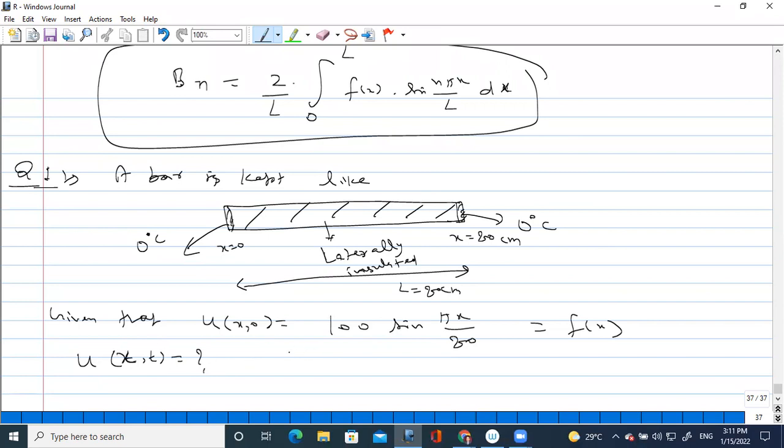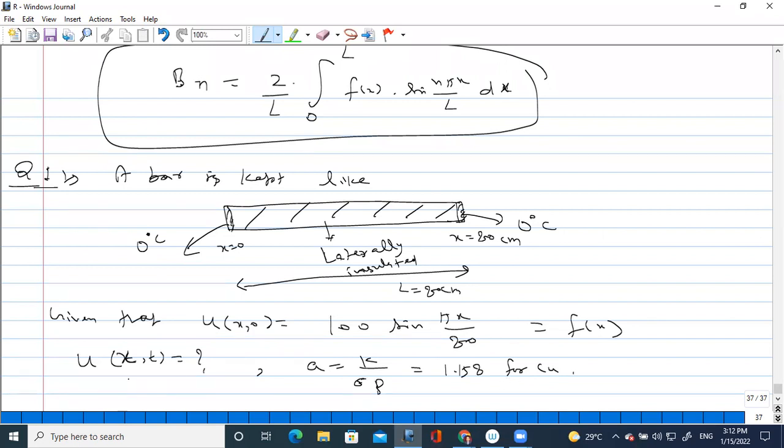Understood? And one more thing they have given: A is equal to K by σρ, equal to 1.158 for copper. So this value is also given.